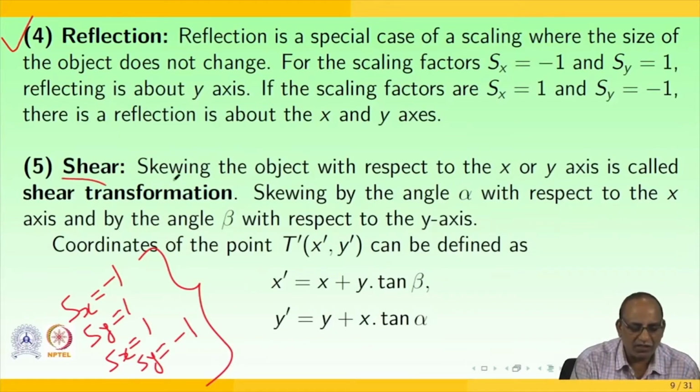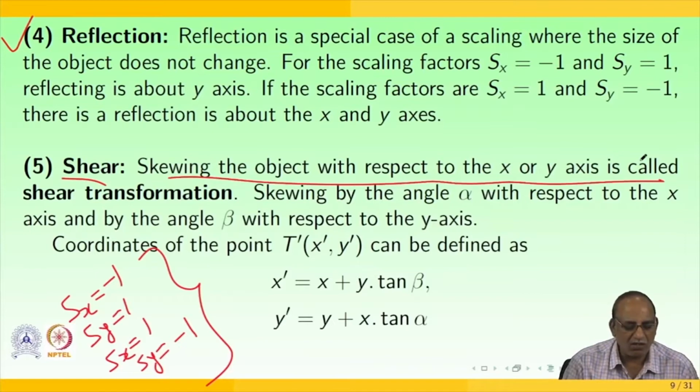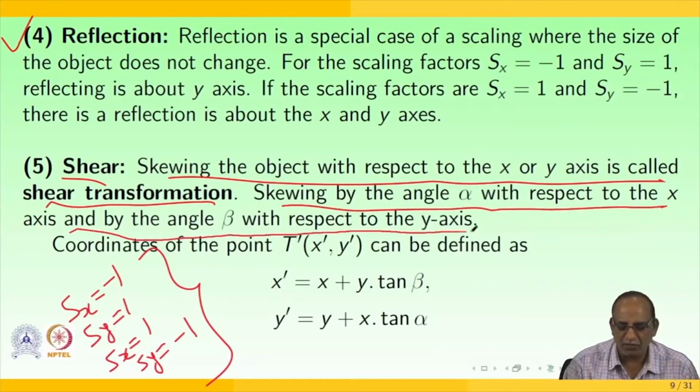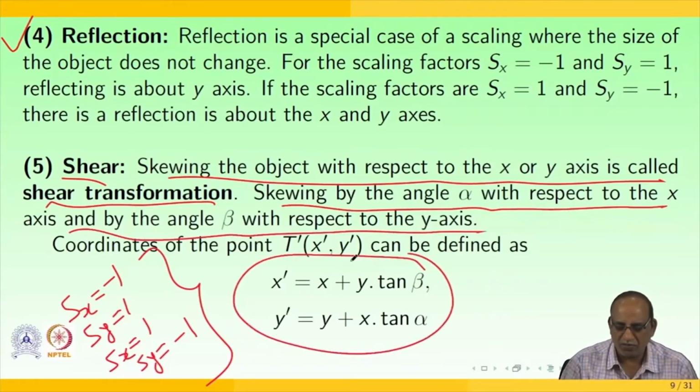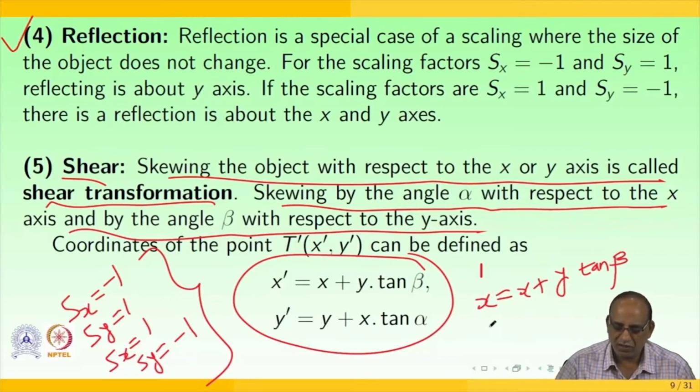Then shear is skewing the object with respect to the x or y axis, and is called the shear transformation. Skewing by angle alpha with respect to the x axis and by angle beta with respect to the y axis, you will have x prime equal to x plus y times tan of beta, and y prime equal to y plus x times tan of alpha.